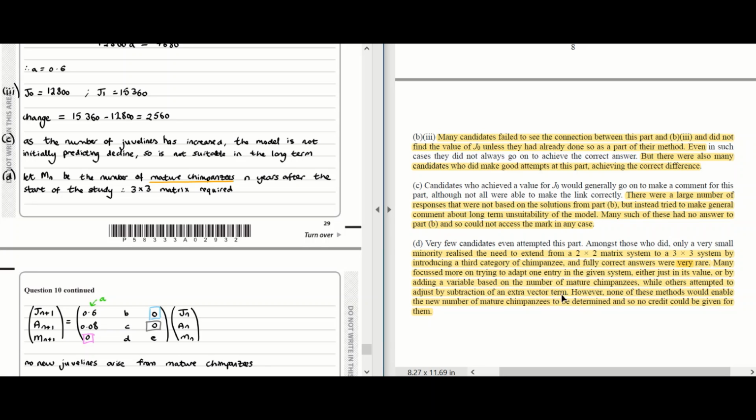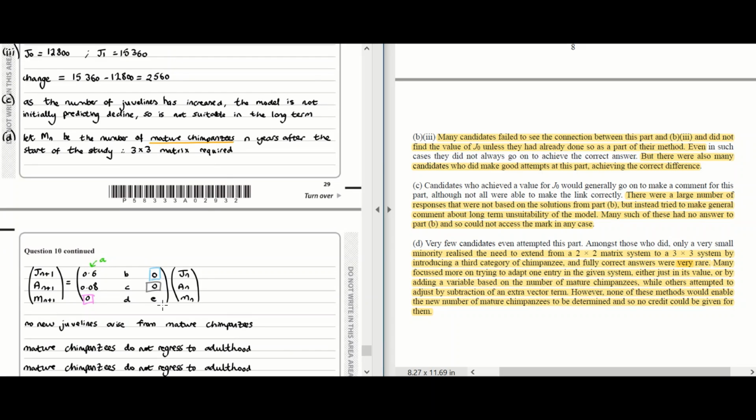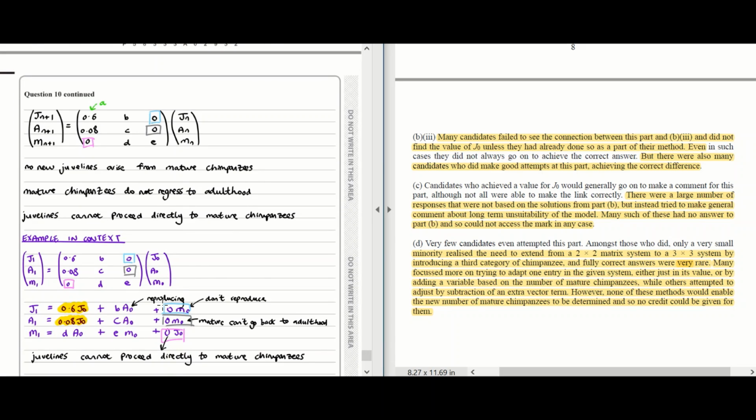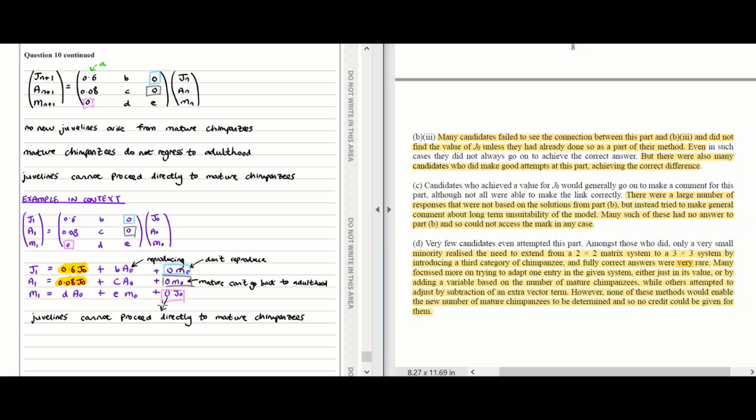But a lot of people did not know what to do, and I think even I didn't know what to do, if I'm honest. I had to read over the mark scheme a couple of times to understand this question, but I think when I explained it, it sort of made sense, hopefully. But if it isn't, I'll try to explain it again in the comments below.